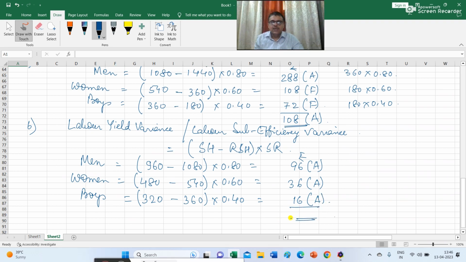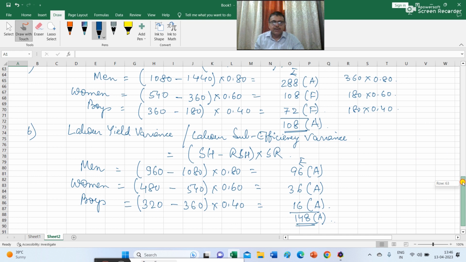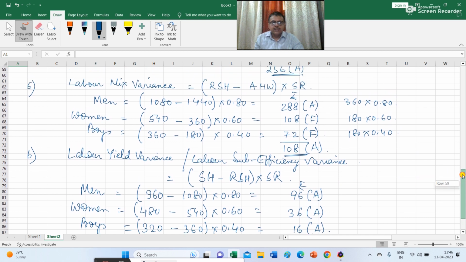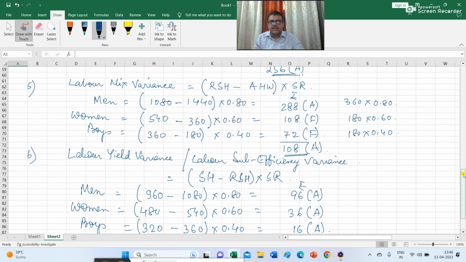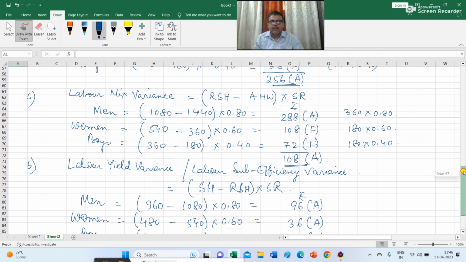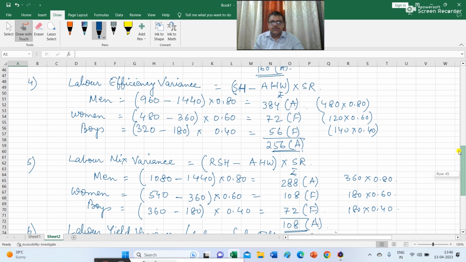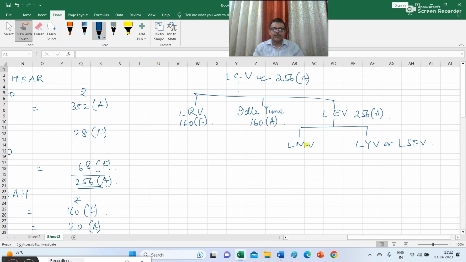So you will get a total of 148 adverse. So if you add up the two sub-variances, that is labor yield variance and the labor mix variance, you will get a total of 256 adverse, which is equal to labor efficiency variance. So labor efficiency variance was 256, 108 is the labor mix variance, and 148 adverse is the labor yield variance.